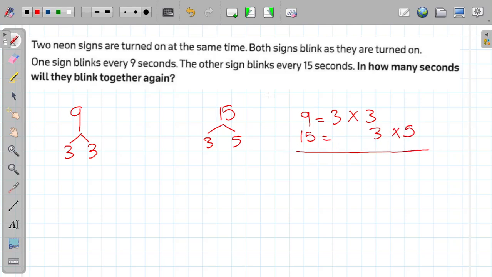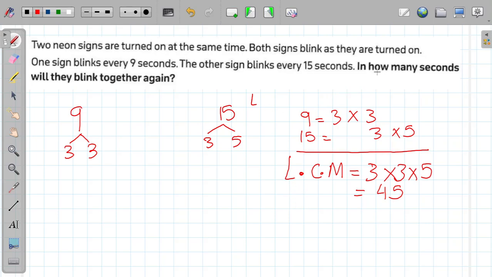And I want to find the least common multiple. So the least common multiple here: the first column has 3, the second one has 3, and the third one has 5. So it will be 3 by 3 by 5 equals 45.